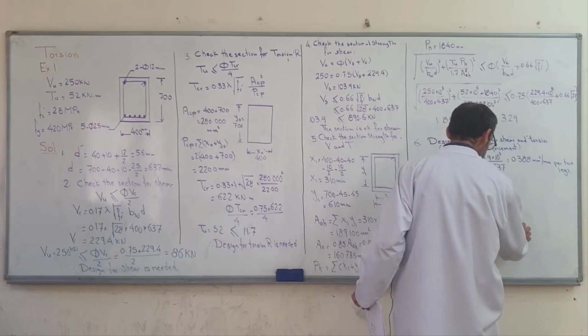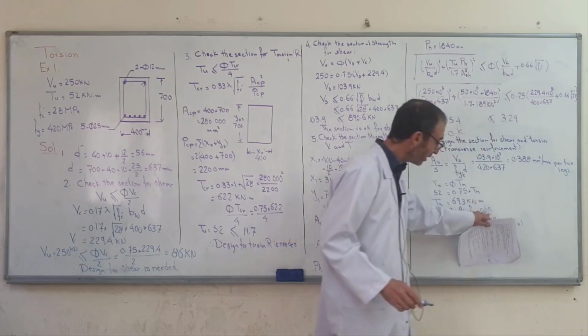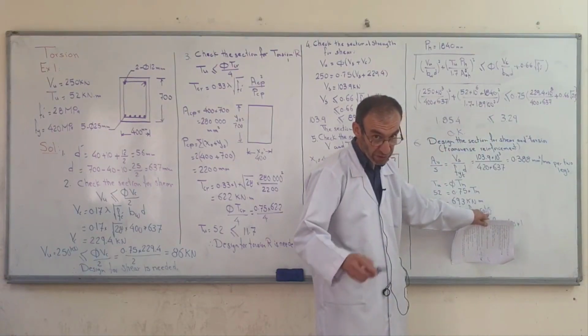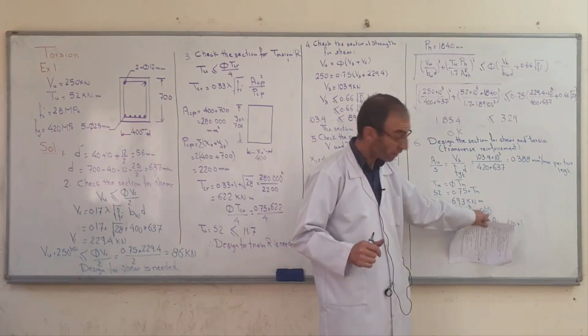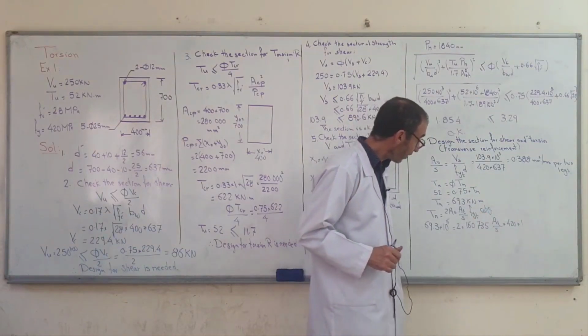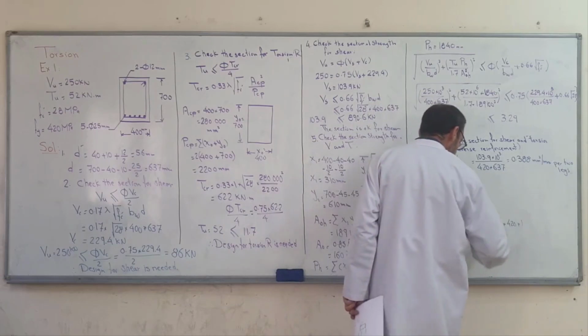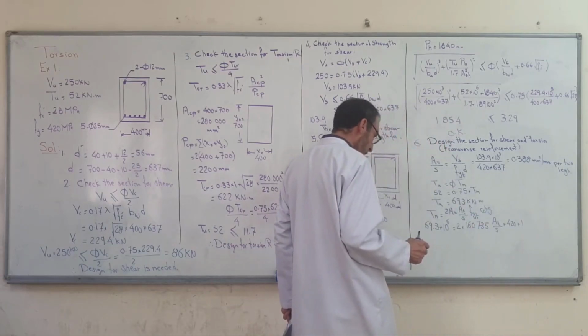Cotan theta: we take 45 degrees for the angle of cracks, therefore cotan is equal to 1.